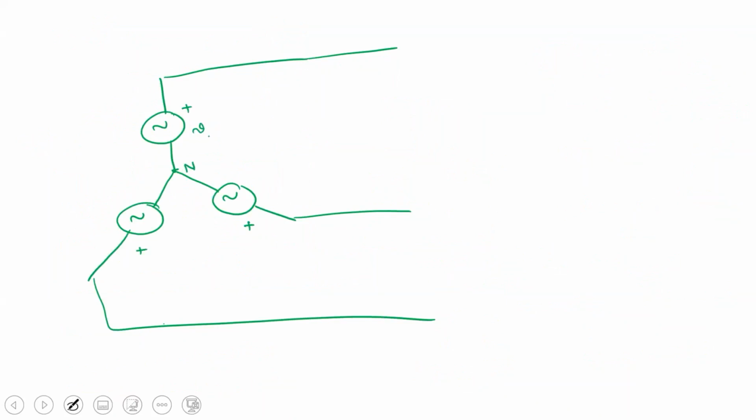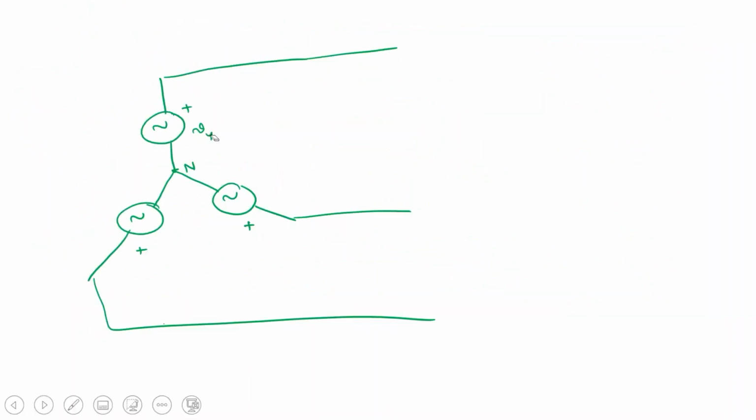We assume this is R, Y, B. These voltages are VRN, VYN, and VBN. Right? Clear? Agree?